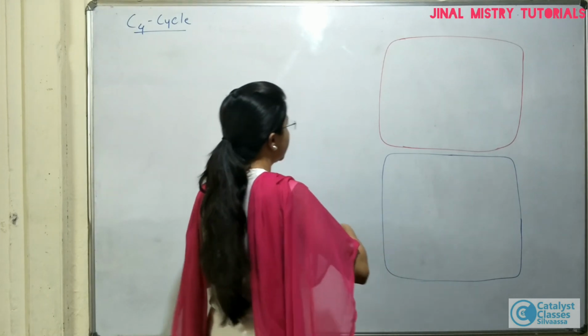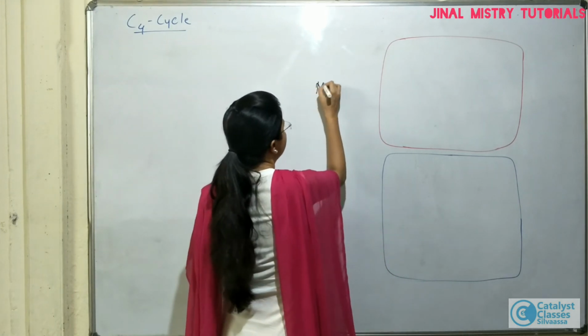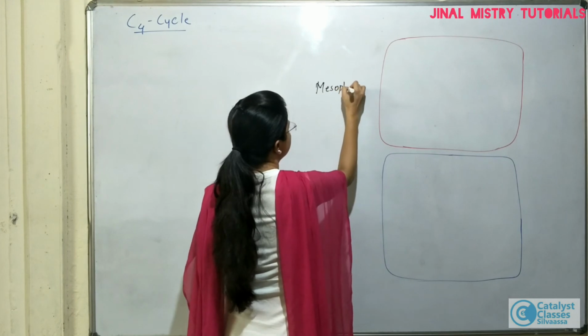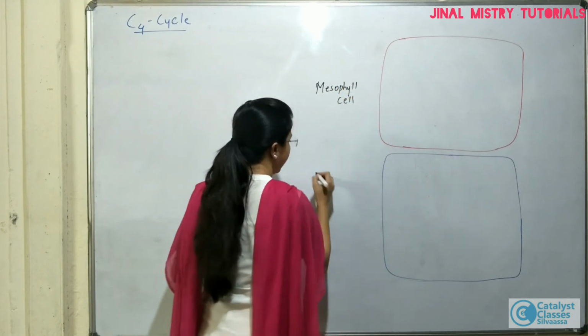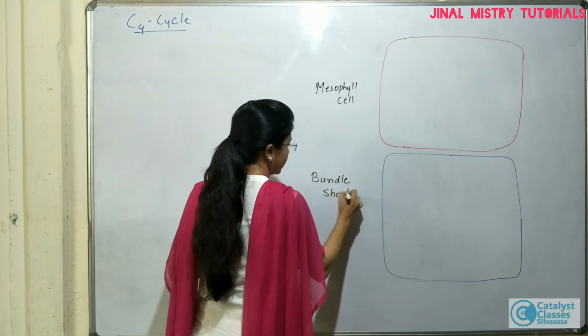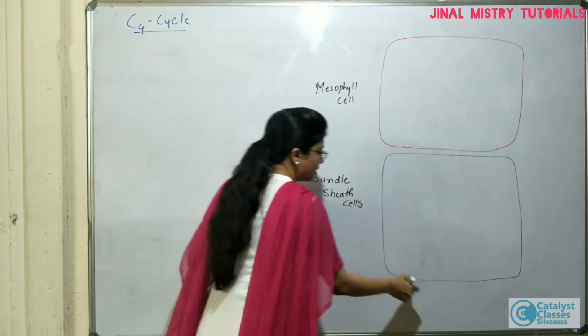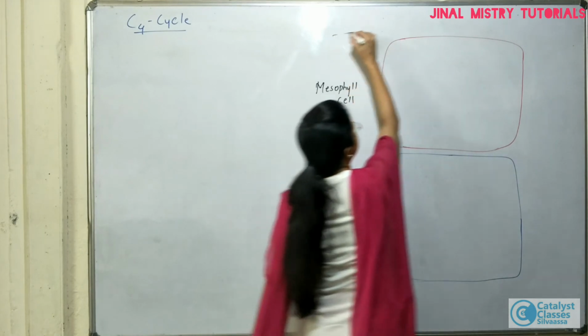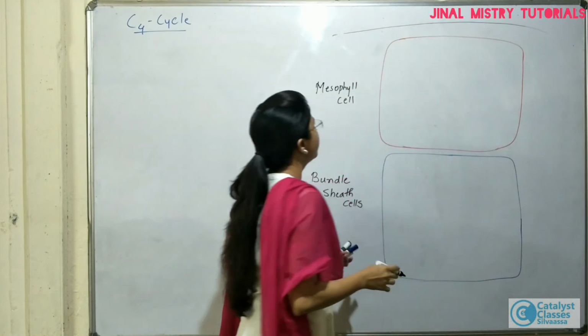Okay, this is the mesophyll cell and the bundle sheath cells. Here there will be presence of the vascular bundle, here there will be epidermis present, right?